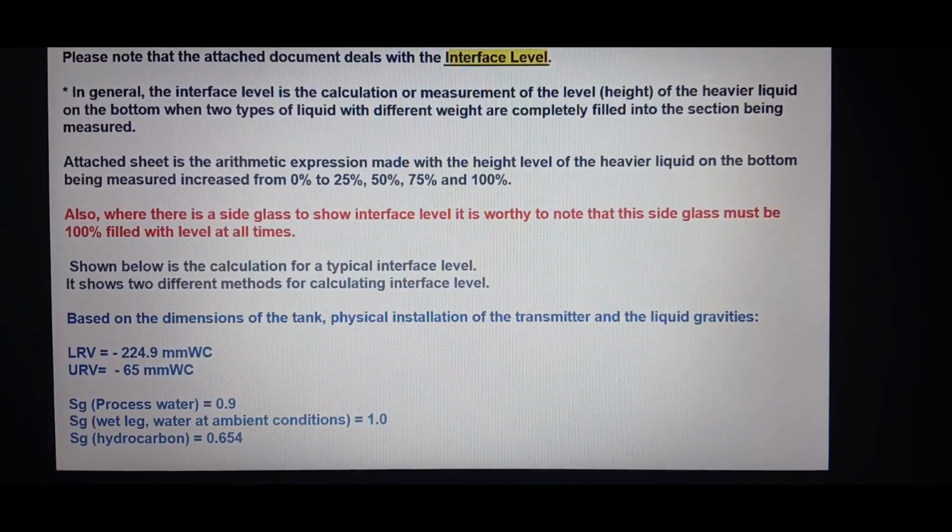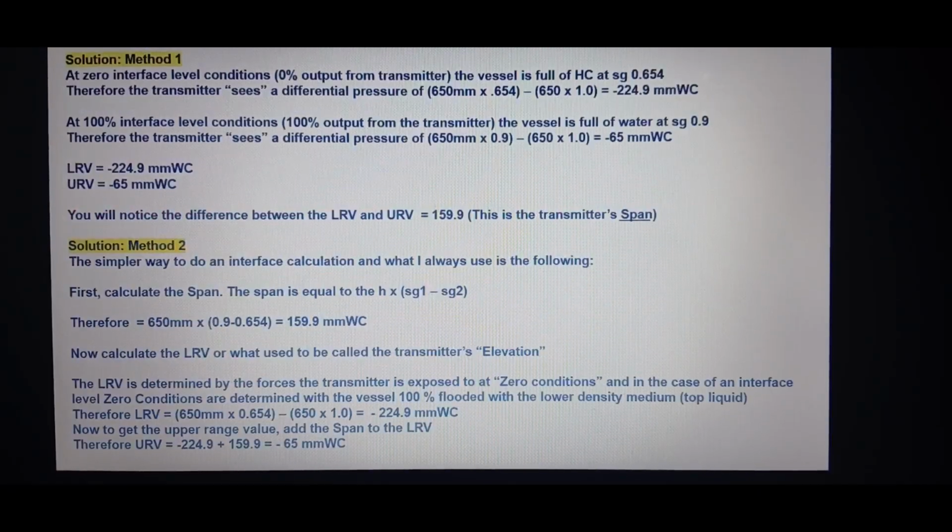I'm going to be showing you some diagrams just now where you will see how you calculate the interface level, because as you look at the drawings, you will see what happens with a vessel. So there are 2 solutions: solution method number 1 and solution method number 2.